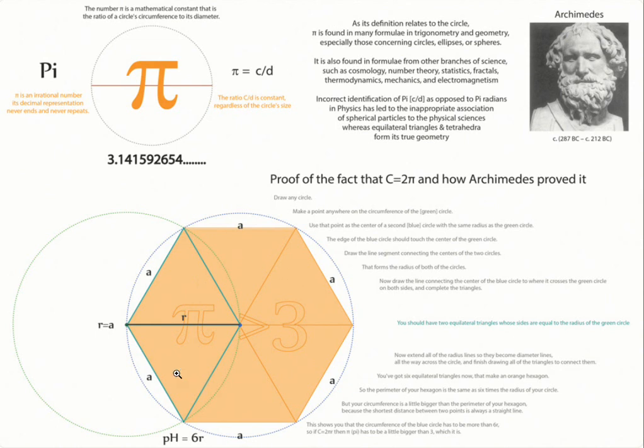In doing this, he showed that 6 equilateral triangles can fit within the circle, but there is space left over, and this is because a straight line is the shortest path, whereas the circle takes a longer path to complete its geometry.